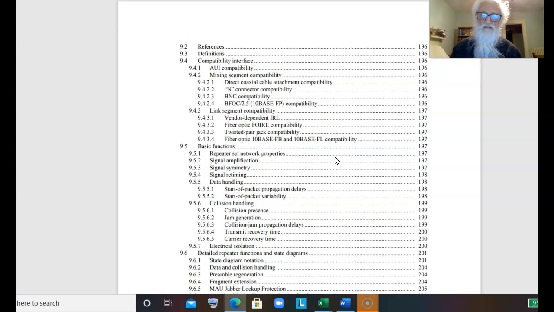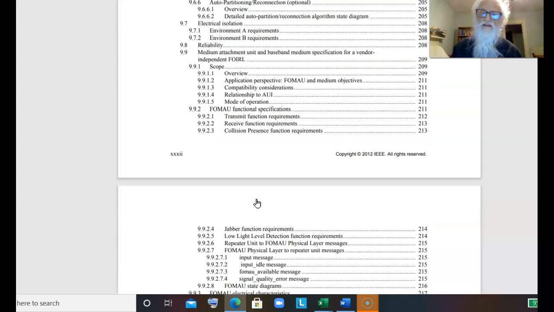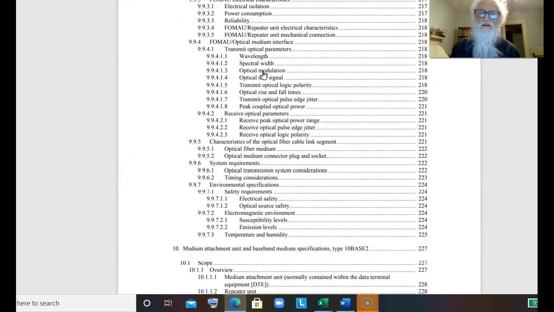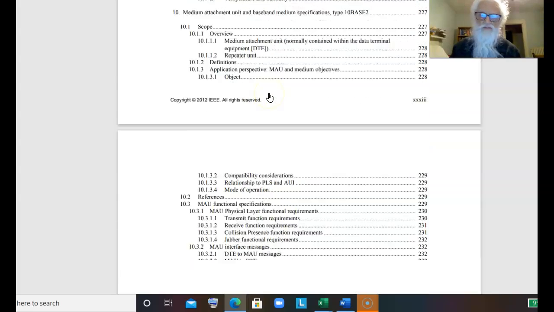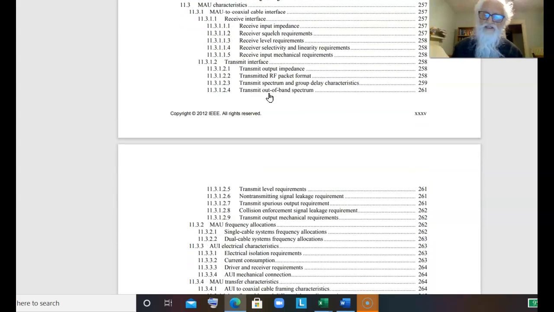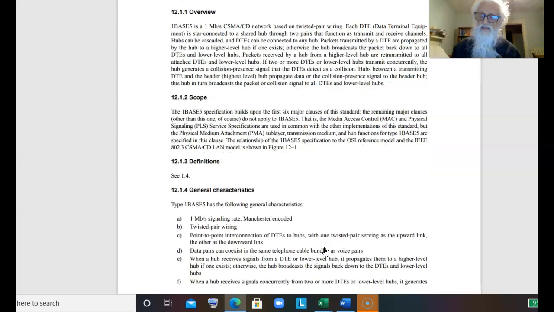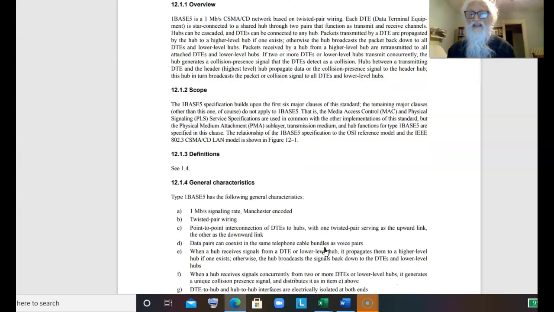It talks about the basic functions. The collision handling is here. As you go further down, we have the different medium attachments, what to do with optical fiber, and it just goes on and on. There's so much there. It even gets into the physical signaling, because remember I said that Ethernet breaks the rules.